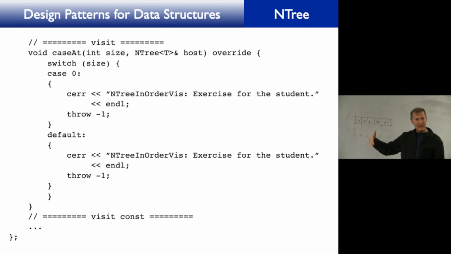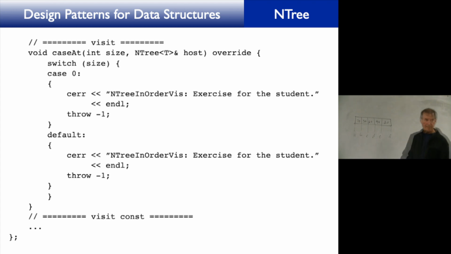So now instead of having a separate empty case that's polymorphically dispatched, we just do our own thing inside of the one. So the size is a parameter. Note that size is a parameter of case@, that is given to us by executing accept, by having the host execute accept.